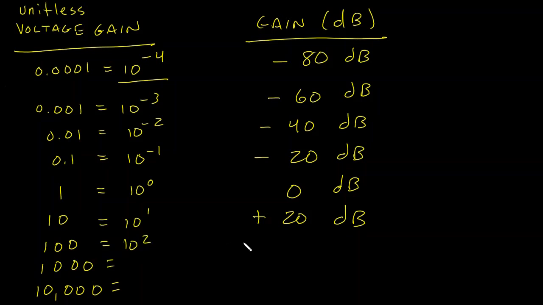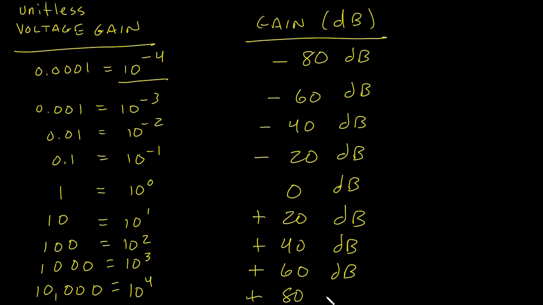So we multiply the 2 by 20, we get plus 40 dB. A factor of 1,000, we get 10 cubed. The log base 10 of 10 cubed is 3, so times 20 gives us plus 60 dB. And finally, we have our 10 to the fourth case, and that will yield plus 80 dB.